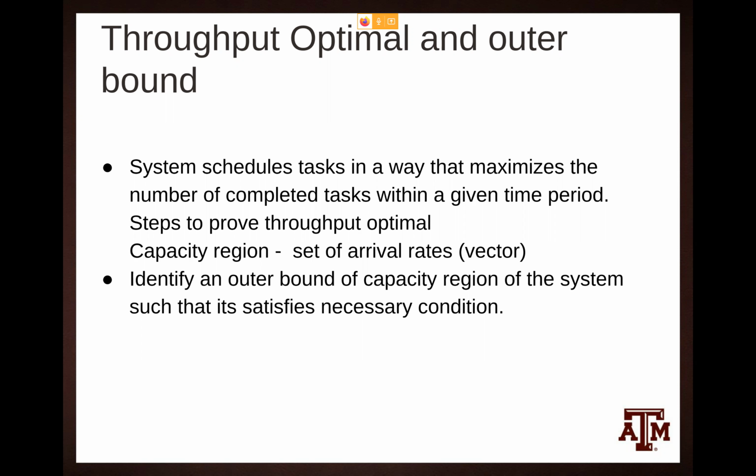And in order to prove that, firstly, we need to identify the outer bound of the capacity region, which is nothing but a set of arrival rates that satisfies certain conditions, such as the average arrivals allocated to the machine in one time slot must be able to be served within one time slot.